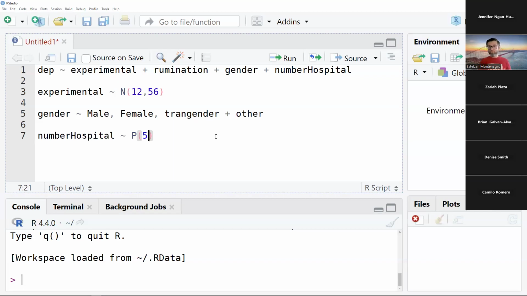So they have different types of values. Oh, I made a mistake here. I meant to write rumination here. That was silly of me. Rumination is a continuous variable. Gender is a nominal variable with male, female, transgender, and others. And number of hospitalizations is Poisson distributed, with a mean of 5.